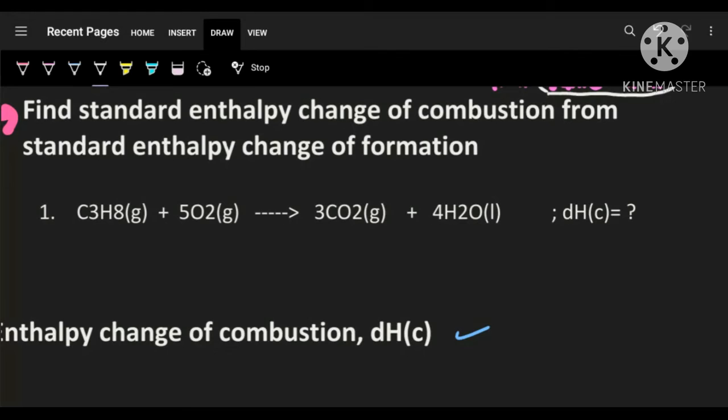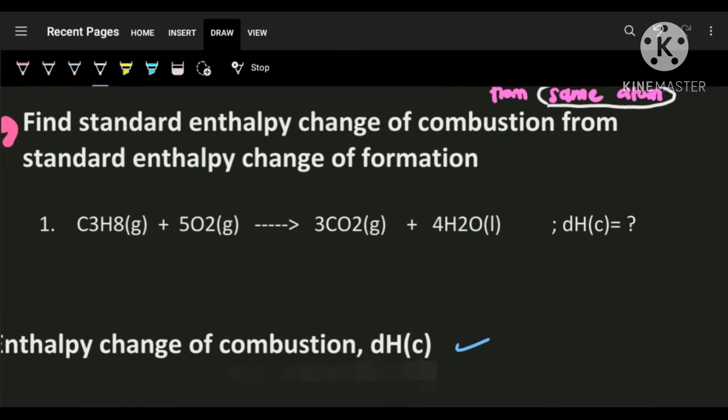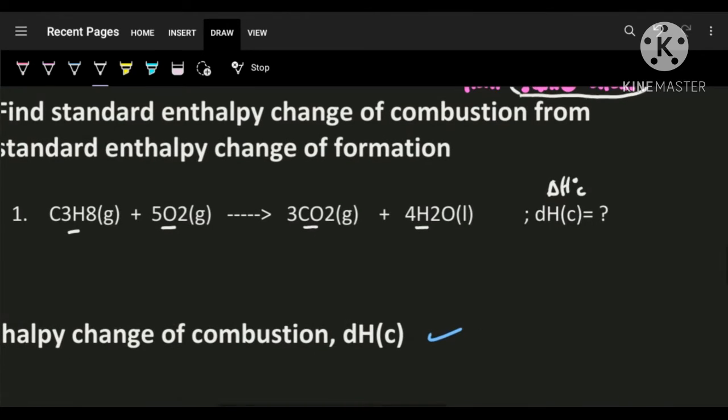Okay, so this is another example of how to calculate the standard enthalpy change. Based on this equation, propane reacts with oxygen, producing 3 carbon dioxide and 4 water molecules. And what is the standard enthalpy change of combustion? Don't get confused.